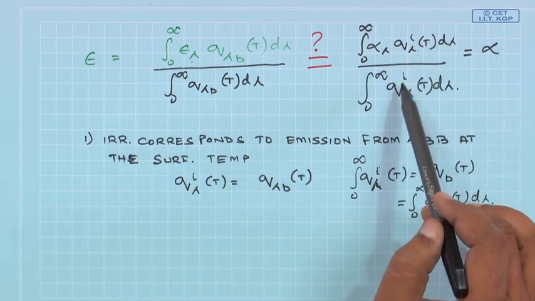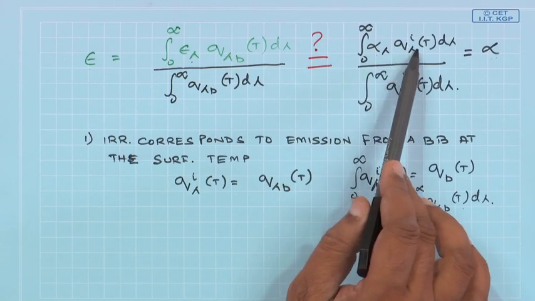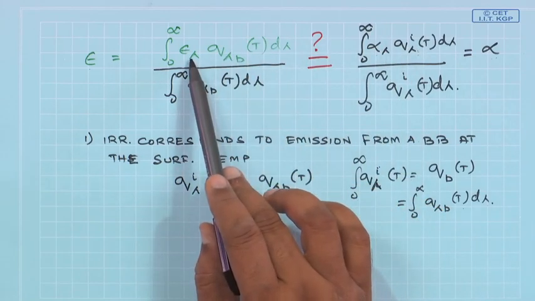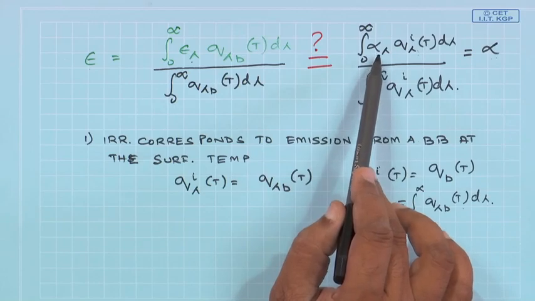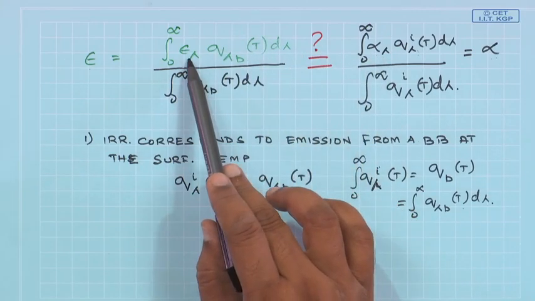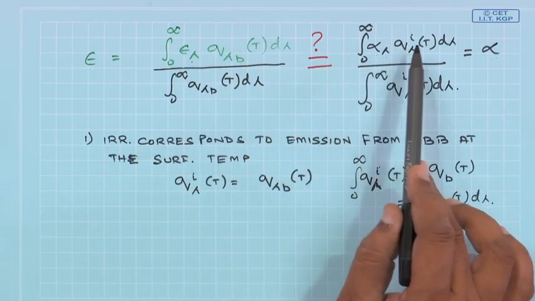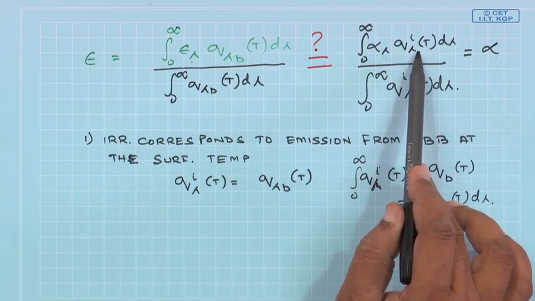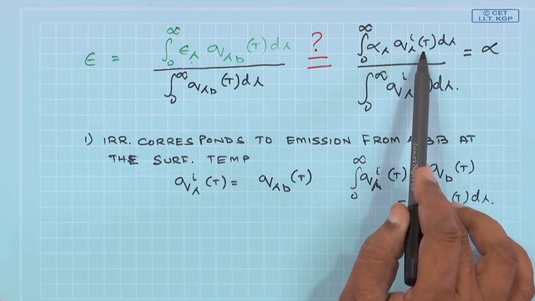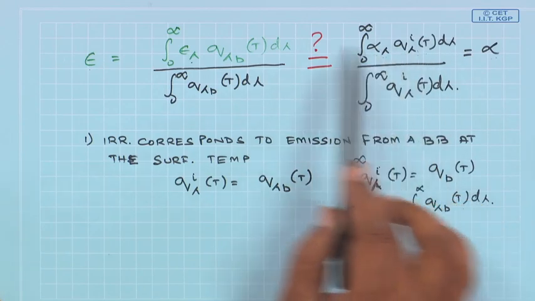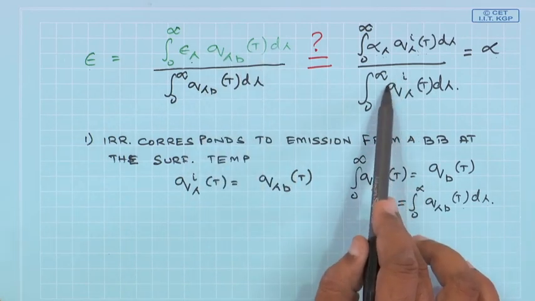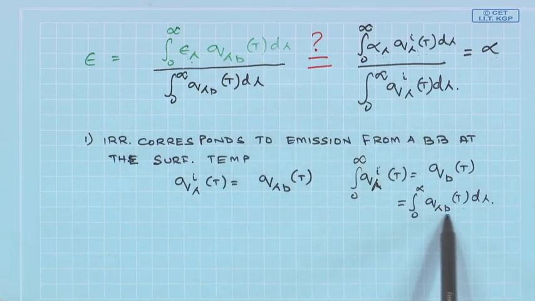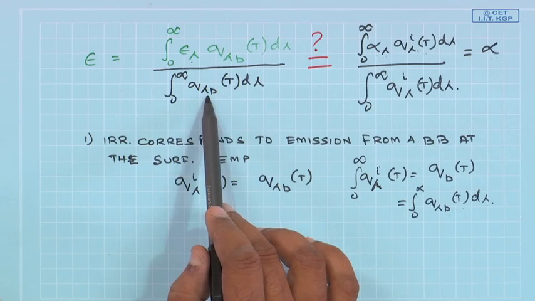So, once you replace that, these two would become identical, because we have already assumed that epsilon lambda is equal to alpha lambda. Since we have assumed the spectral properties are the same, and now we are assuming that the irradiation is also coming from a black body at the same temperature, therefore this is going to be the same as this, and this part, as I have shown here, is going to be equal to this part.